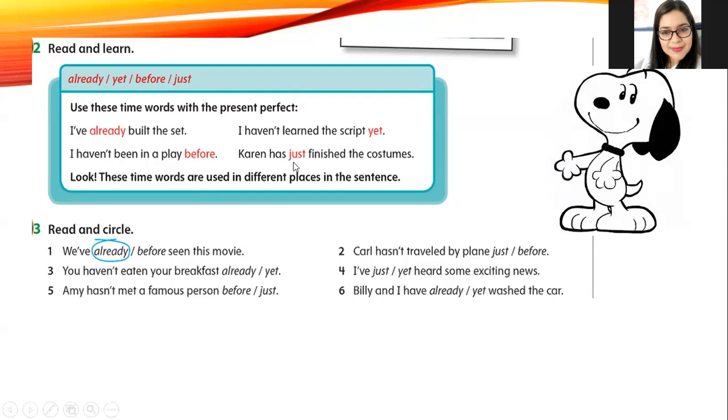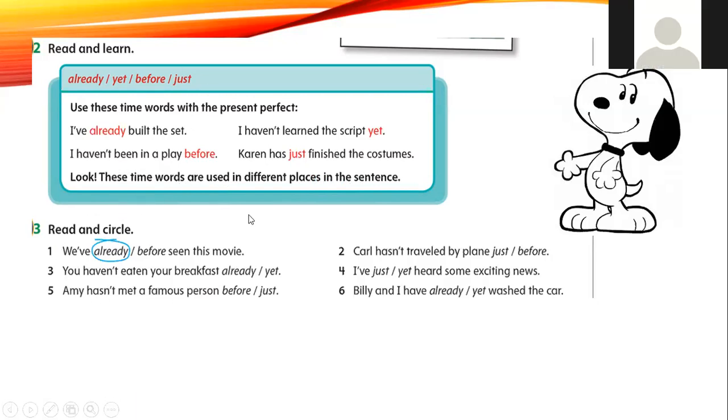I has just, she has just, my student has just finished their homework, okay? So just always goes after has or have. So they have a specific place in the sentence. And we have to practice this. Okay? So now let's practice this.